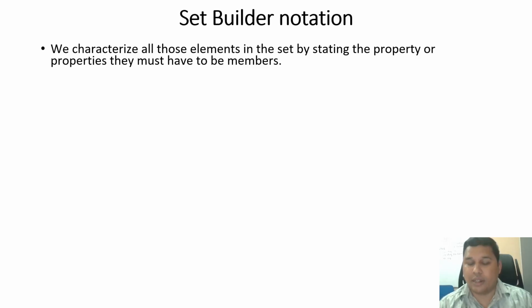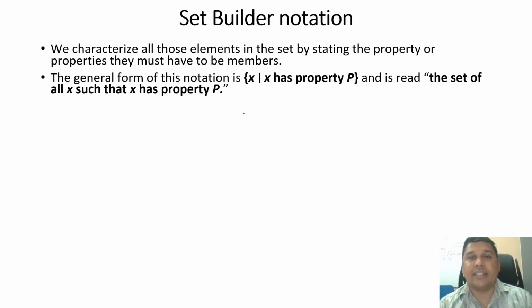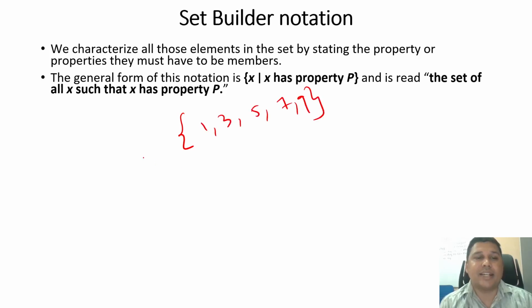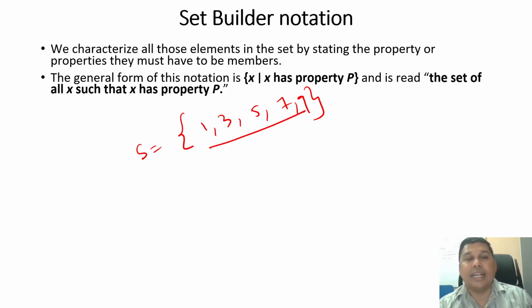We write the notation like this: a set S = {x | x has the property P}. Instead of writing {1, 3, 5, 7, 9}, which we know is the set of positive odd integers less than 10, it is easy because we are only going up to 10.